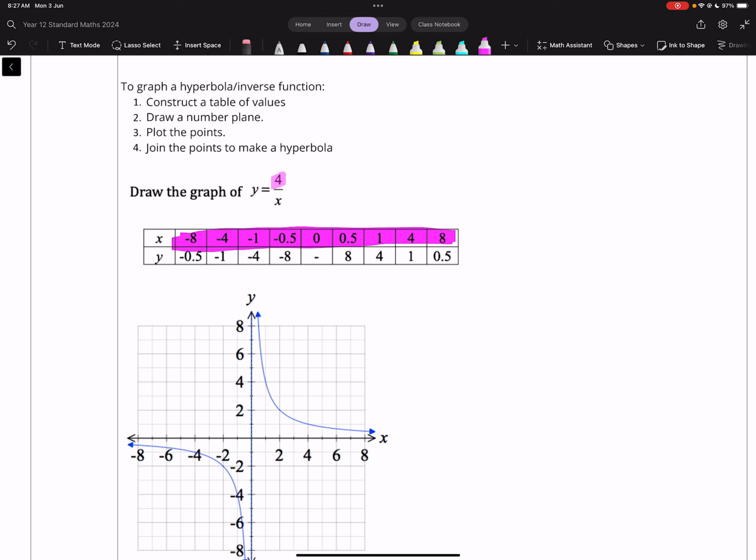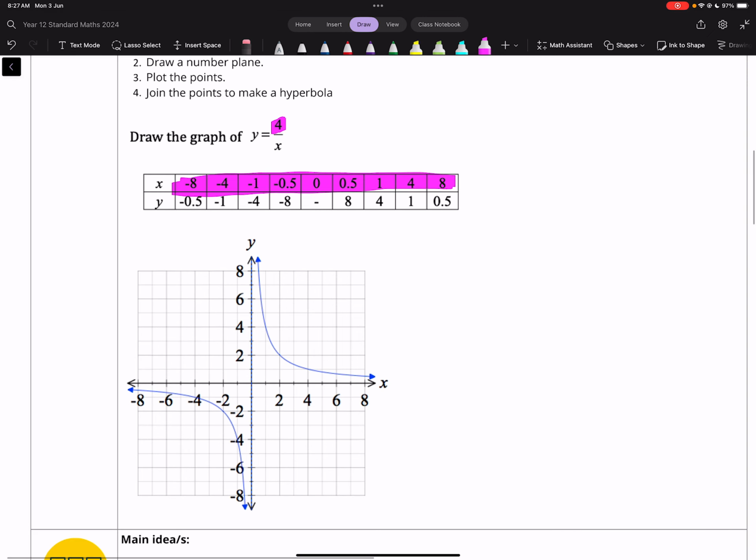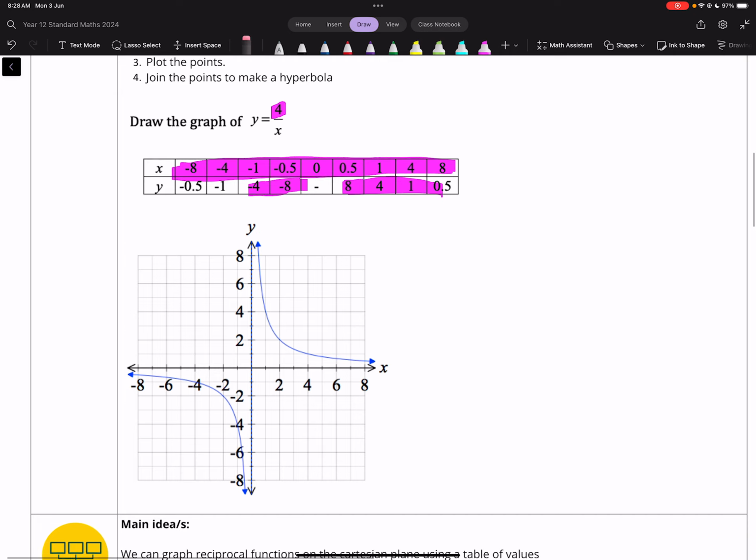Depending on what number is here above the x, it will change what numbers we want to put in our x in our table of values. Because if we use these numbers here, -8 to +8, on the example that I'm going to show you, we wouldn't get these bigger numbers that we need, the -4, the -8, to actually make the graph look good. You'll see what I mean in a second.